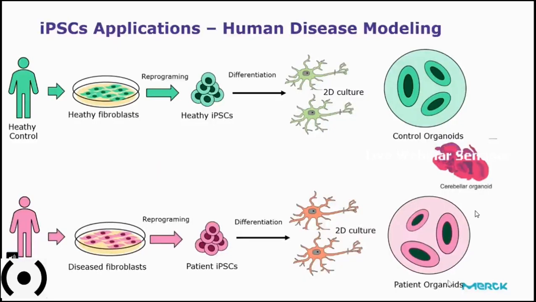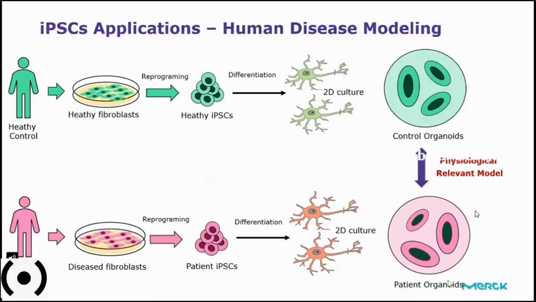So these control organoids and patient organoids, you can compare their properties, and these 3D organoids, control and patient, are a much more physiologically relevant model to study the disease rather than developing disease in animal models, right?